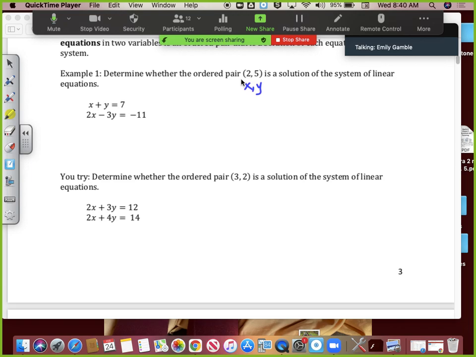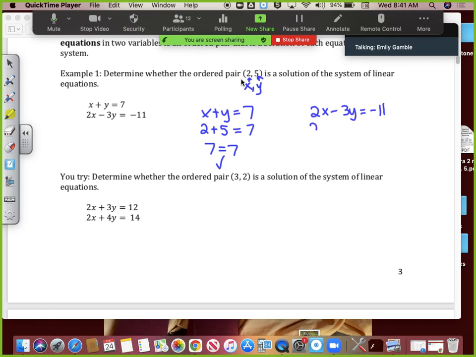So what I will do is take the equations x plus y equals 7 and 2x minus 3y equals negative 11, and I'm going to be replacing a 2 in for x and a 5 in for y. So this is going to say 2 plus 5 equals 7, and then I verify if that's true. Well, 2 plus 5 equals 7, so yes, this works. For the second one, I'm doing the same thing, but this will require a little bit more work.